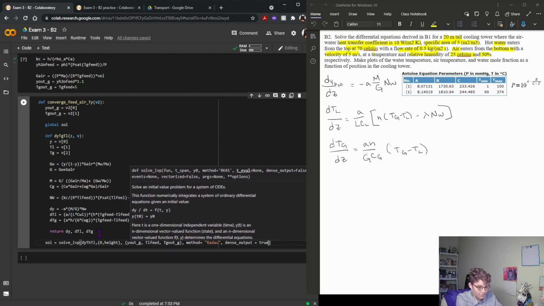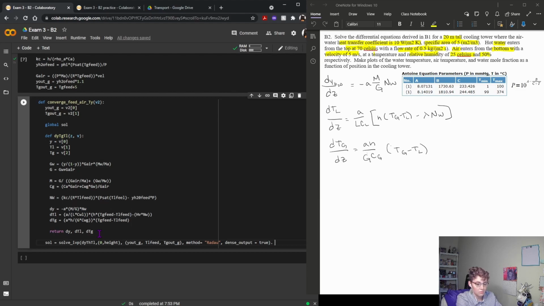Equal sign, not plus. I think this has to be capitalized. And then in order to actually solve along our z plot values that we came up with earlier, we can add dot sol z plot.